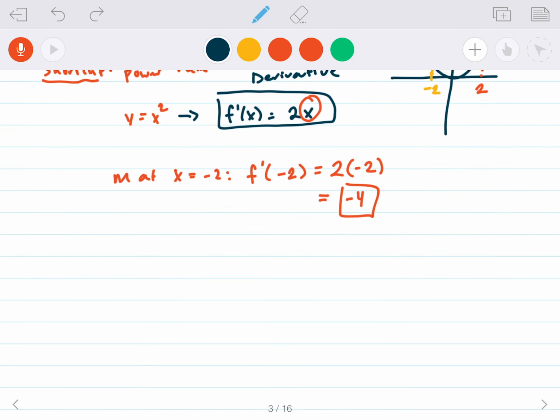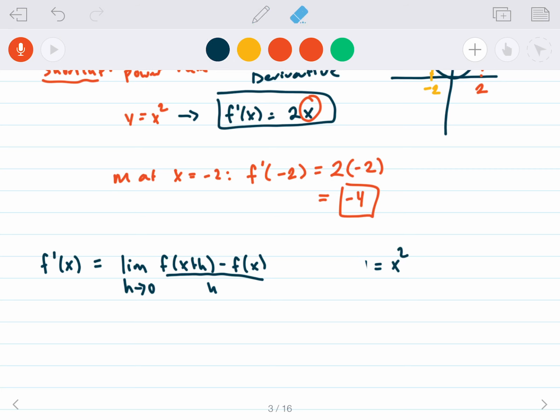So the limit definition says this. It says that f prime of x, the derivative of a function f of x, is going to be the limit as h goes to 0 of f of x plus h minus f of x all over h. So in our case, we started with the function x squared.